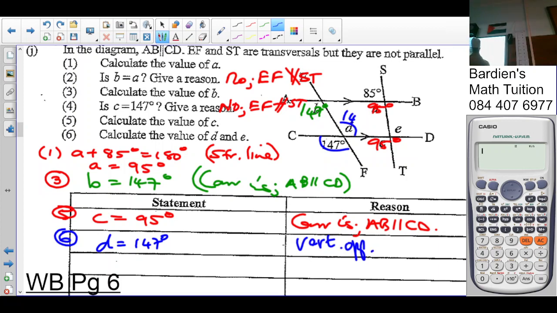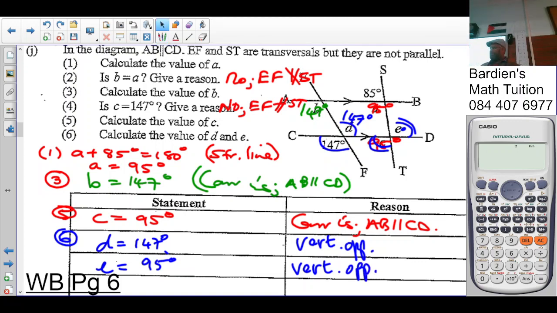Okay, so it's 147. E, what is angle E equal to? 95. Why? Vertically opposite. Okay, do you guys understand?